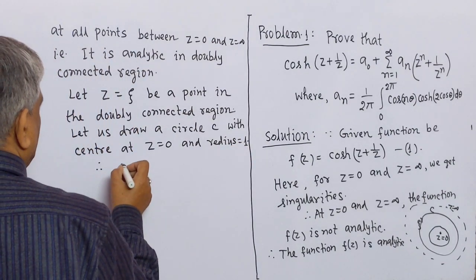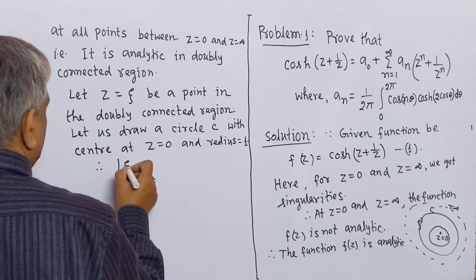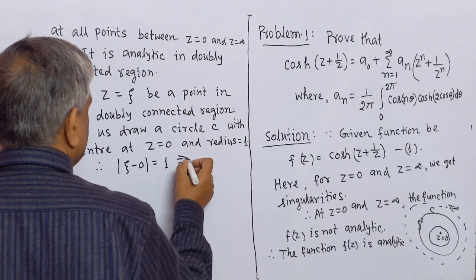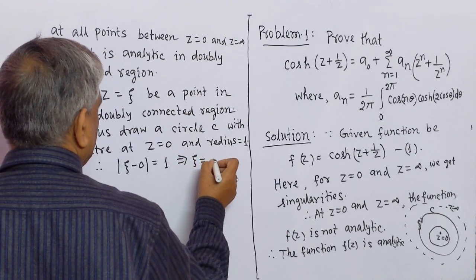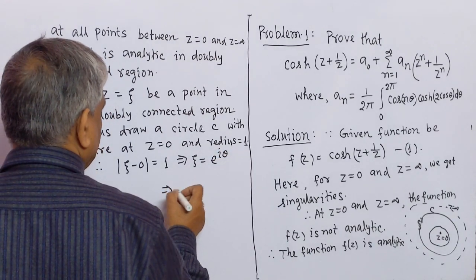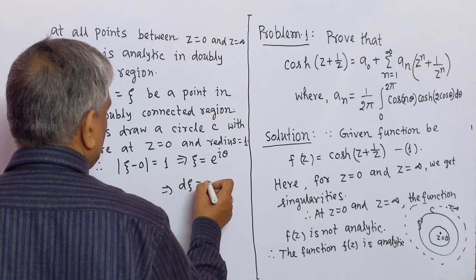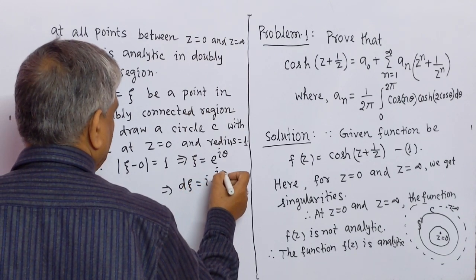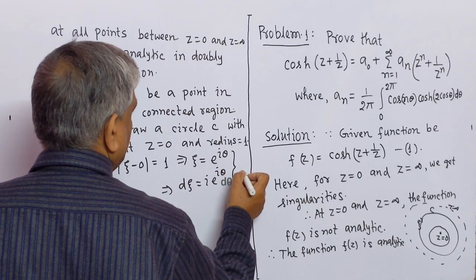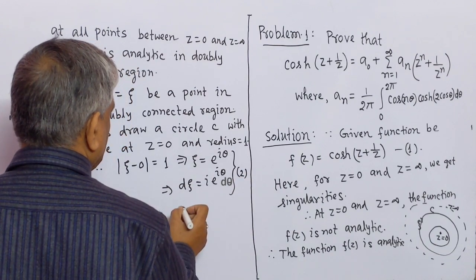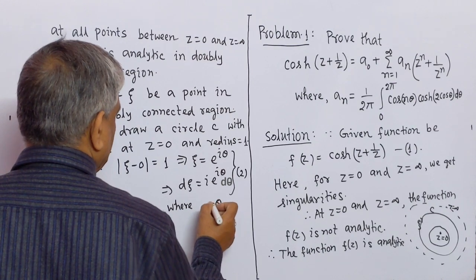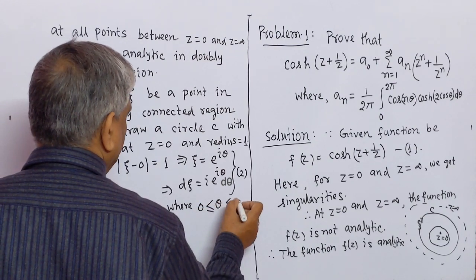Therefore, modulus of ξ minus 0 equal to 1 implies that ξ equal to e to the power iθ, implies that dξ equal to i e to the power iθ dθ. Let these be number 2, where θ lies between 0 and 2π.